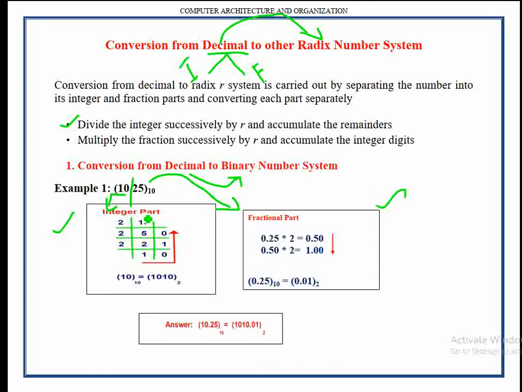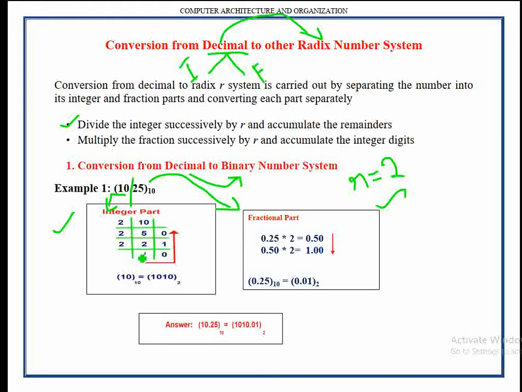What do we have to do on the integer part? We have to perform division operation successively by R. To perform division, we should know the radix R value. What is the R value for the binary number system? 2. So now we can perform division on the integer part of the given decimal number by 2.